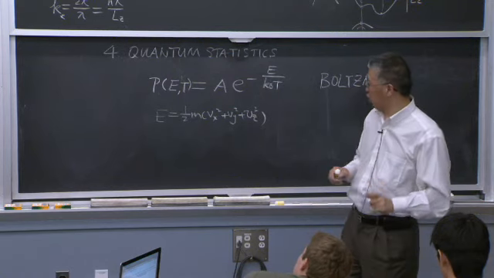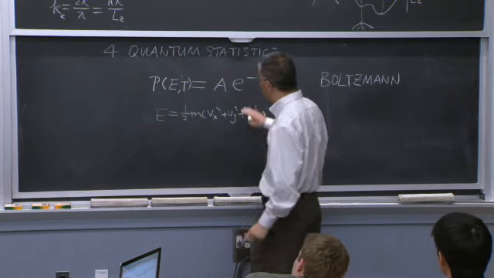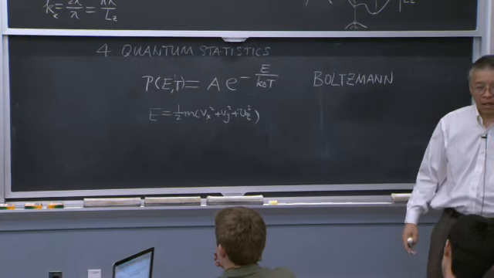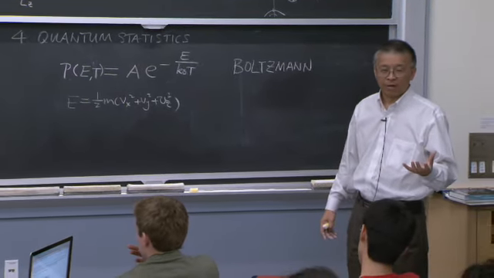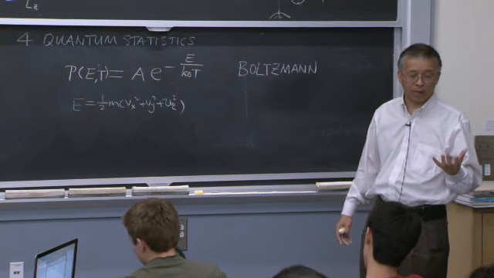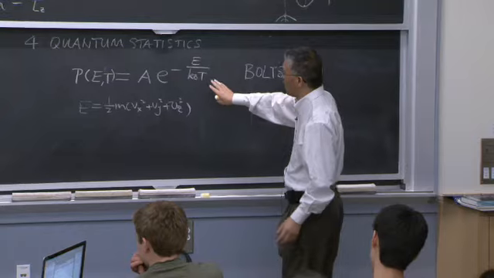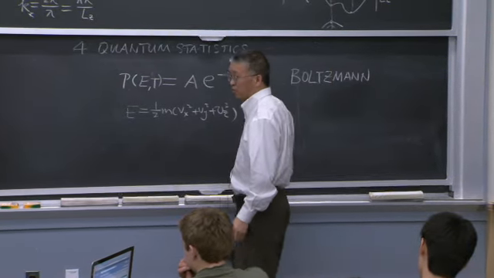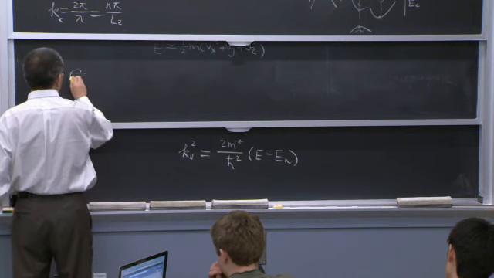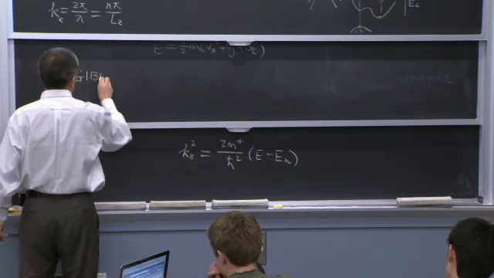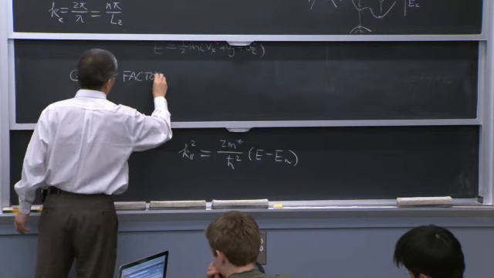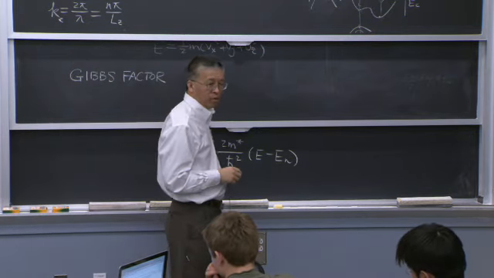Okay? So the Boltzmann factor is for a closed system at constant temperature. When I deal with an open system at a constant temperature, I have to modify this. So I'm going to give you, just wait for the next lecture, the Gibbs factor. The Gibbs factor is for an open system.